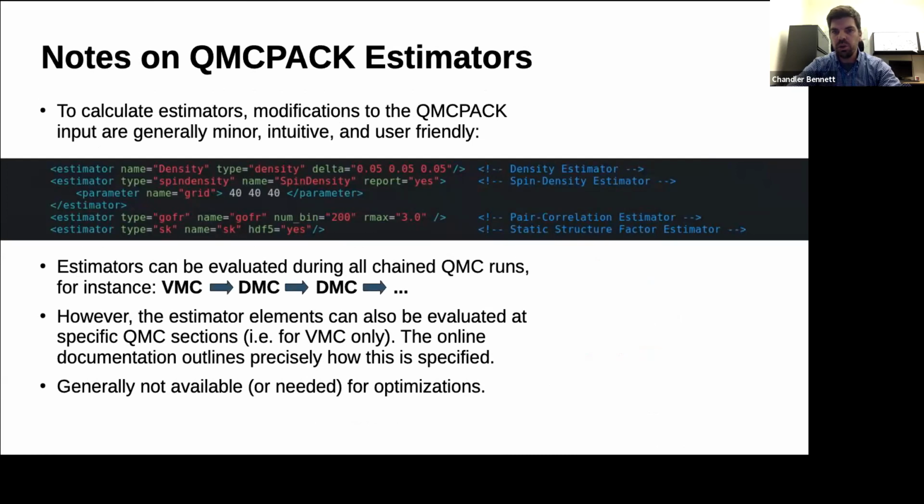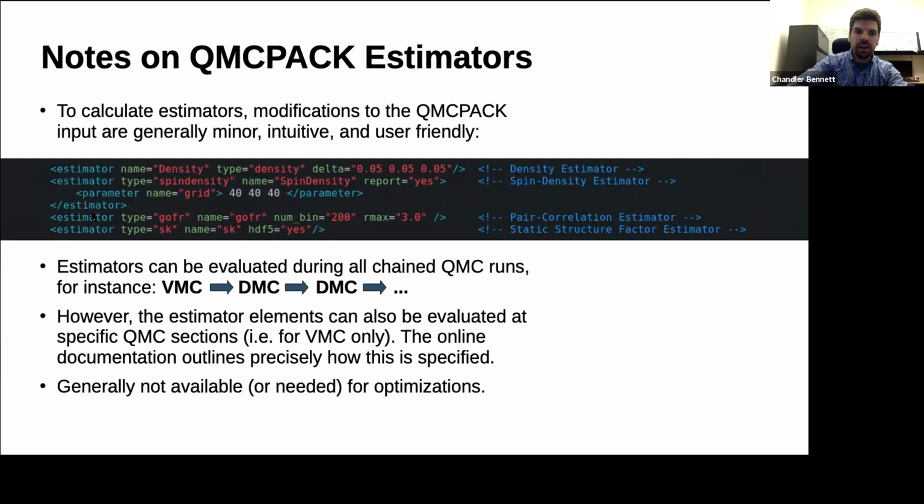Let me go over briefly a few notes on QMCPACK estimators. To calculate them, modifications to the QMCPACK inputs are generally minor, easy, intuitive, and user-friendly. I'm giving an example of 4 estimators here.